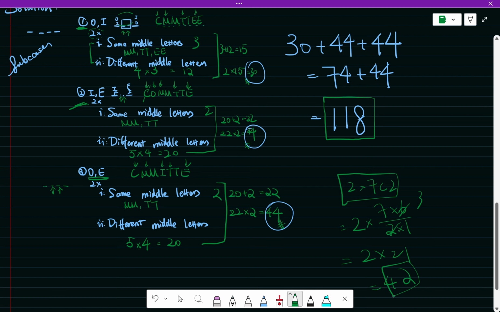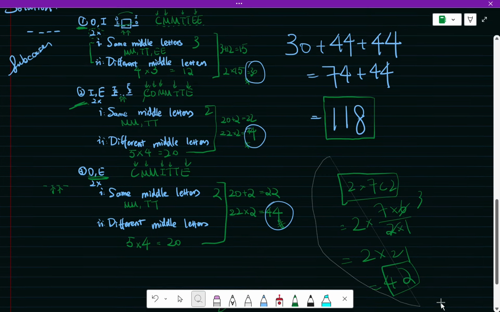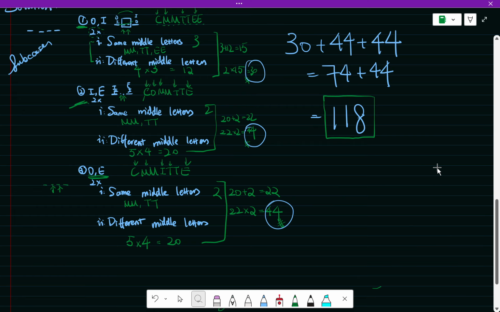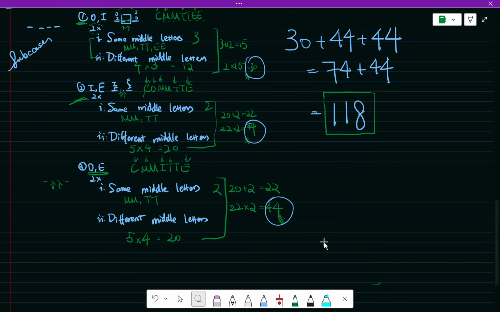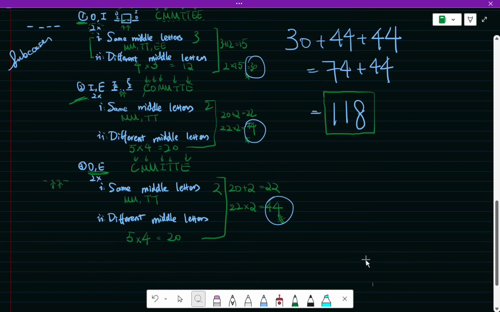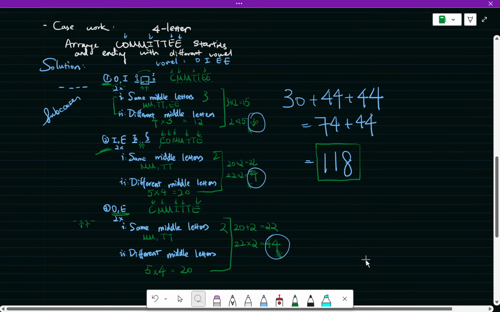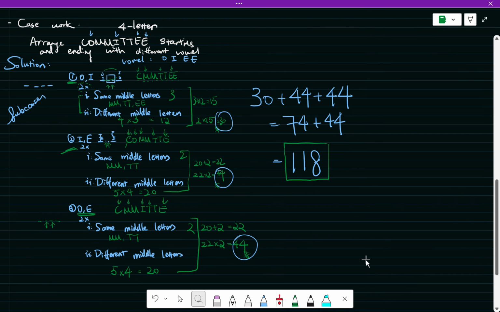So it will only give us 42, which is way off from the actual answer, 118. So this question would be considered quite challenging compared to other typical combinatorics questions, because this involves some careful case classification and operations of fundamental combinatorics principles and theories.